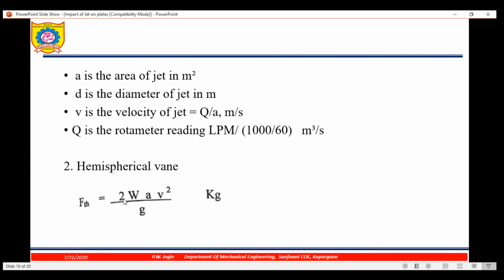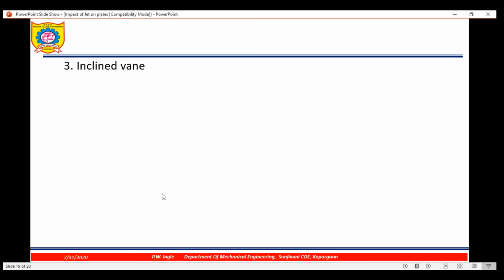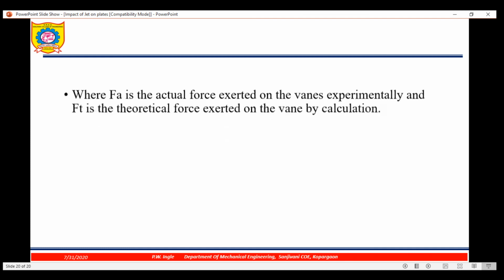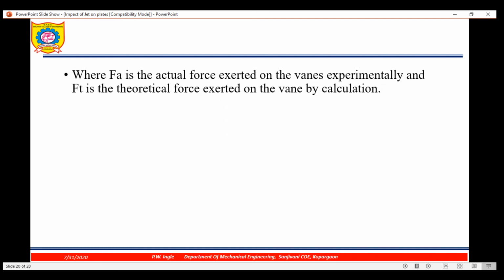For the hemispherical vane, it is 2 into rho G. W is rho G, so G will get cancelled out. So 2 rho A V square, because the cos theta angle is 0. And for the inclined vane it is rho A V square sin theta. In this way you can calculate the coefficient of impact, where F is the actual force exerted on the vane experimentally, and Ft is the theoretical force exerted on the vane by calculation.